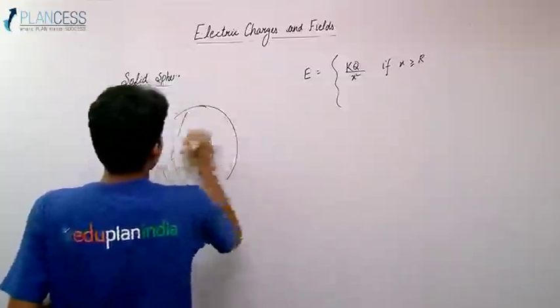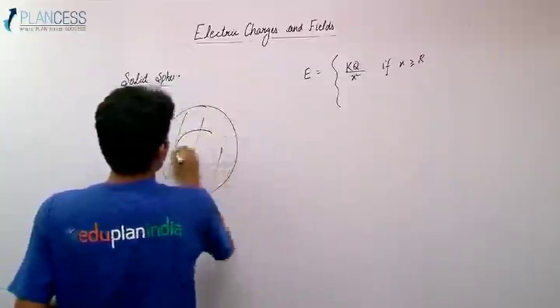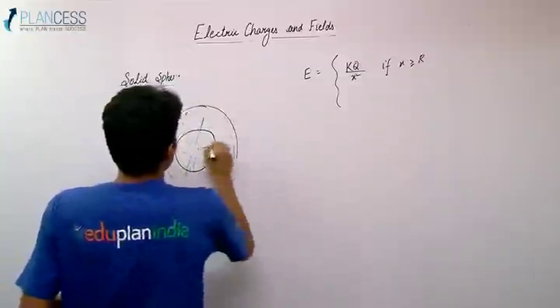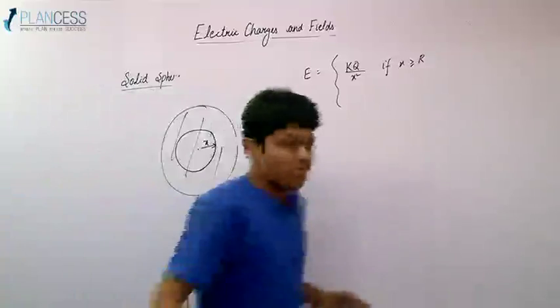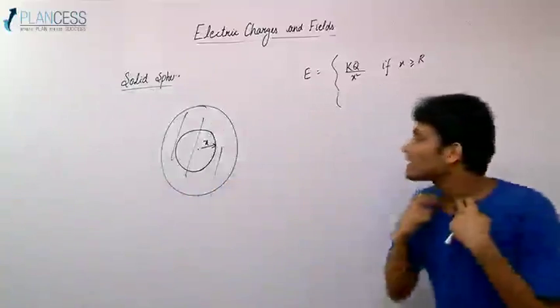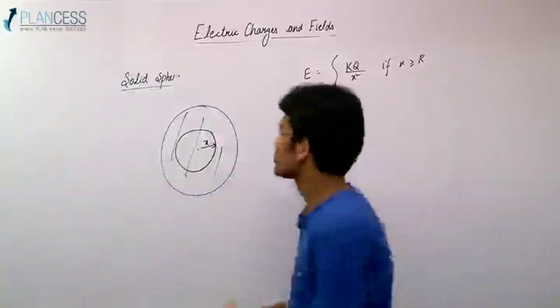So this is a solid sphere, and if this x lies inside, you have to calculate at this distance x. What will you do? The best way of doing this is, let us consider once again a hollow sphere.